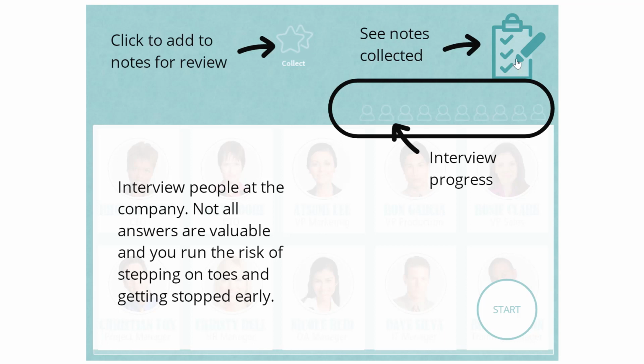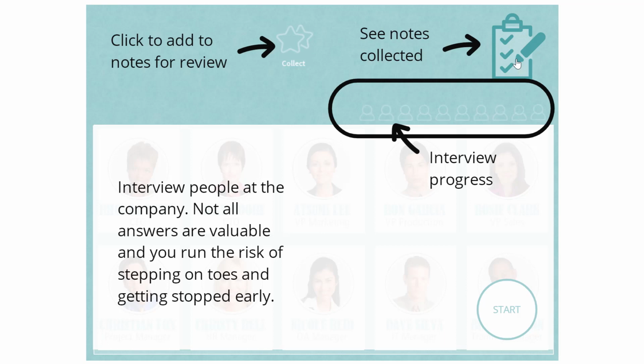The key is that you want to interview people, and we want to add some risk in there. As you interview people, some interviews are good interviews, some are bad. You need to know to make the right decision. That's part of the learning process. And then as you make decisions, you're going to get points assigned. And if you exceed your points, security is going to come and escort you out the building.